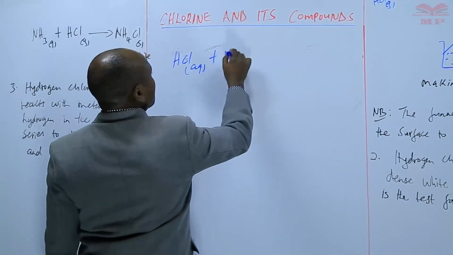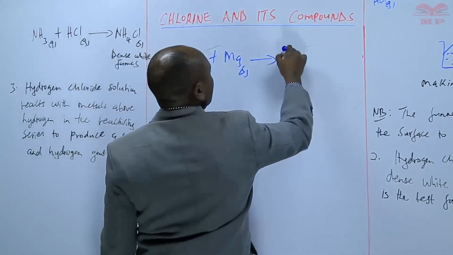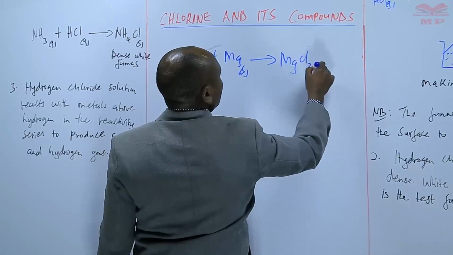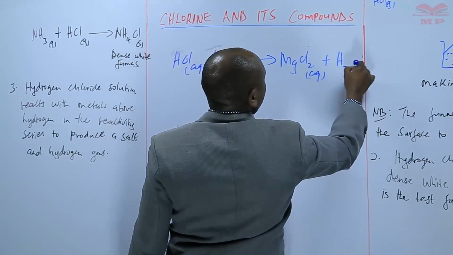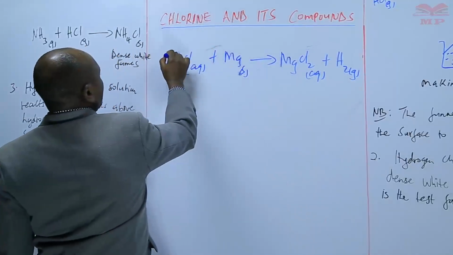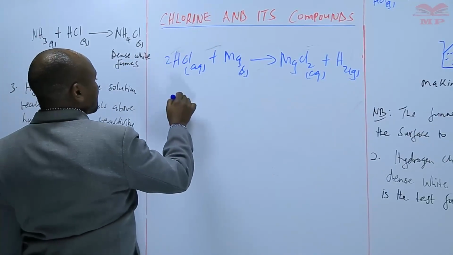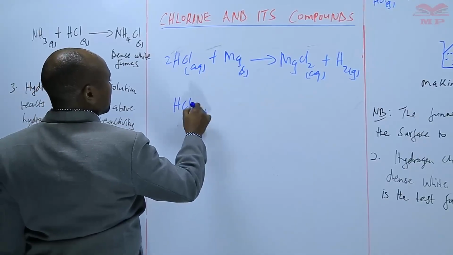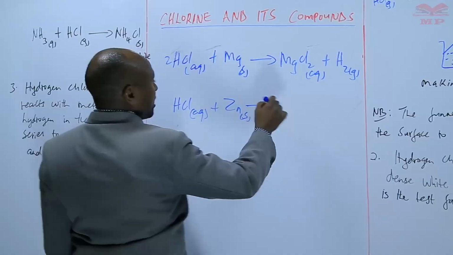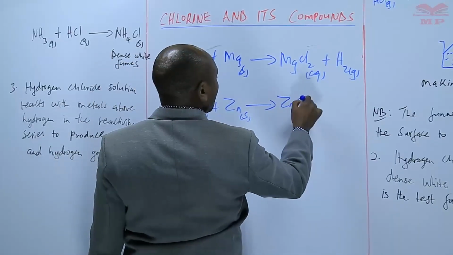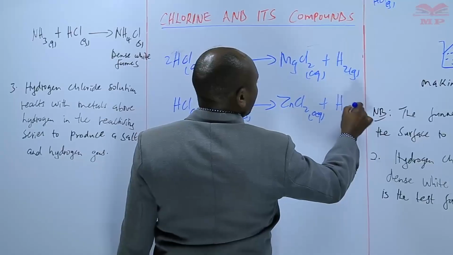Let's say it's magnesium. We'll get magnesium chloride plus hydrogen gas. Balance the equation. If you have a metal such as zinc, then we shall have the salt, which will be zinc chloride plus hydrogen gas.